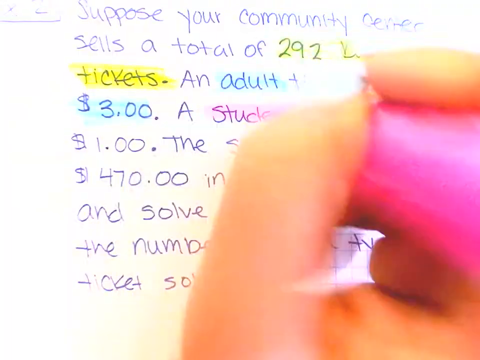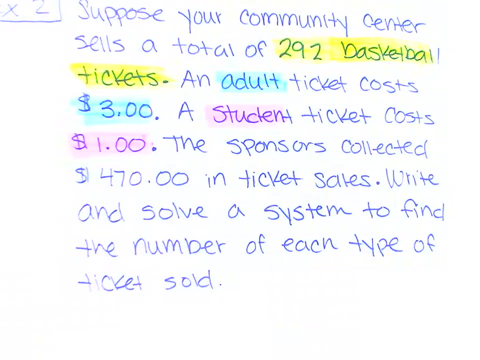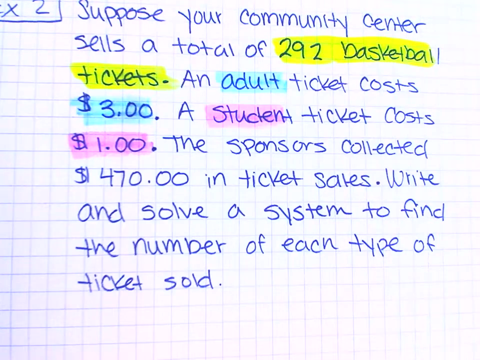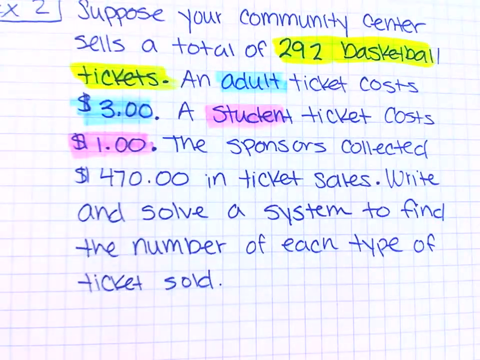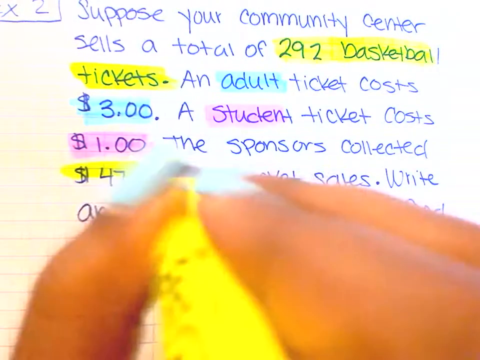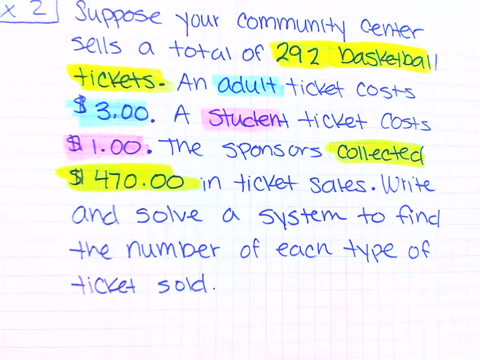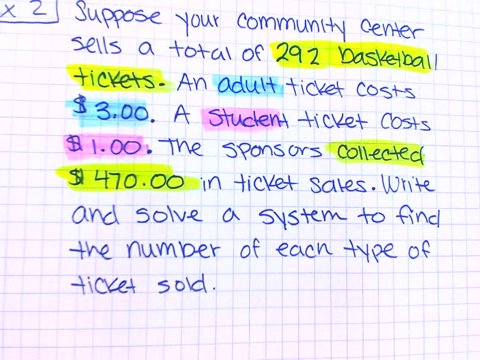A student is $1. And again, they collected a total of $470. So there's 292 tickets. Adults cost 3. Students cost 1. But altogether we collected $470.